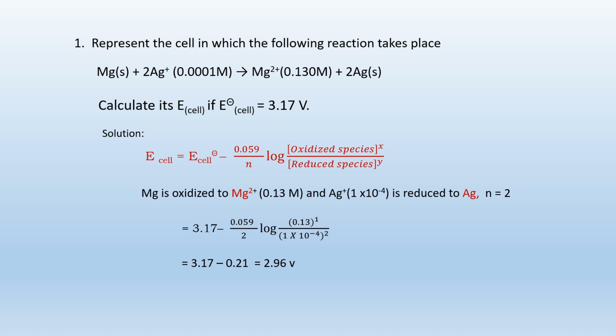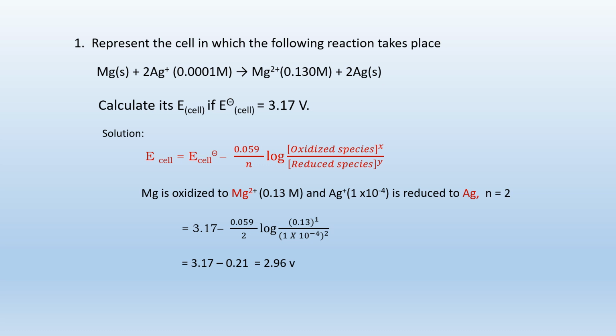Okay, and you see the cell potential was decreased. Why was the cell potential decreased? Any idea? As I have already said, the oxidized species concentration here is increased. See, the magnesium has 0.13, but the silver ion here is 10 power minus 4 molar, which is a very lower concentration.